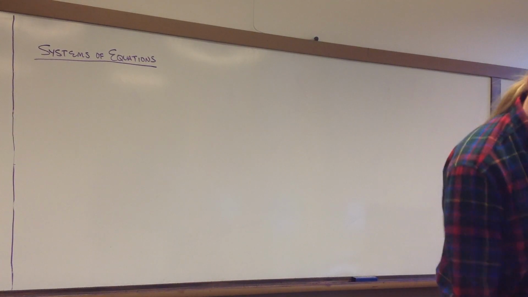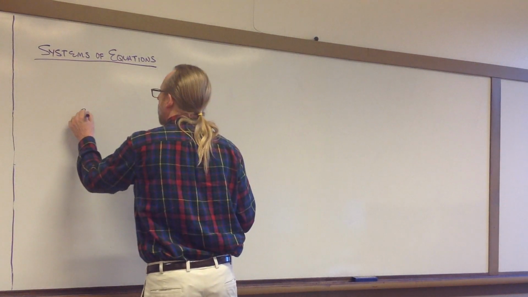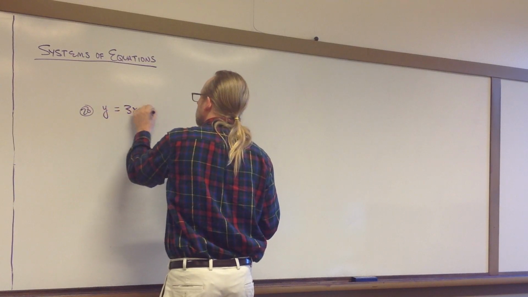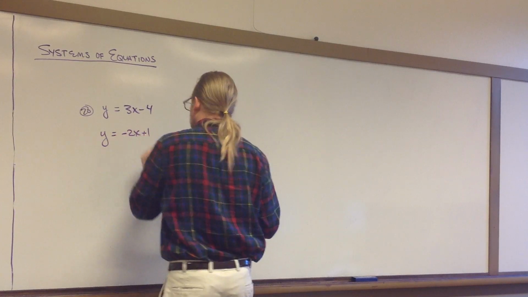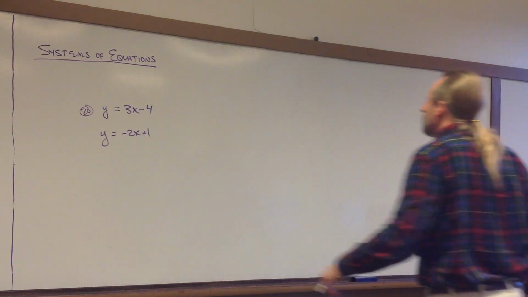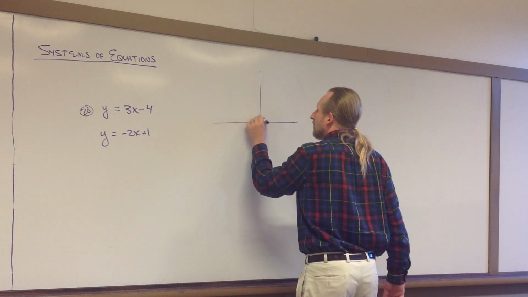Problem 20, these equations are in slope-intercept form. y equals 3x minus 4, and y equals -2x plus 1. So these are all ready to be graphed. Don't really have to do too much work to get started.